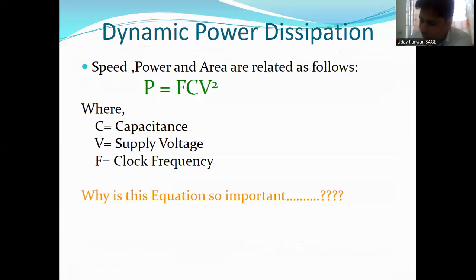This power dissipation is proportional to the frequency, capacitance, and the square of the supply voltage, that is, F C V squared.